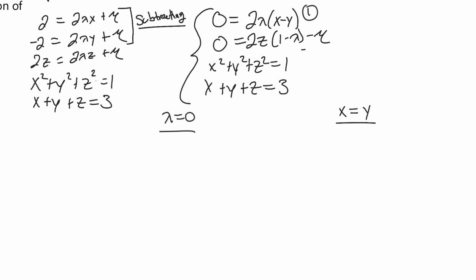So let's start with x equals y. Notice in the bottom, if we replace x with y or y with x, we have x plus z equals 3, so z is equal to 3 minus 2x.